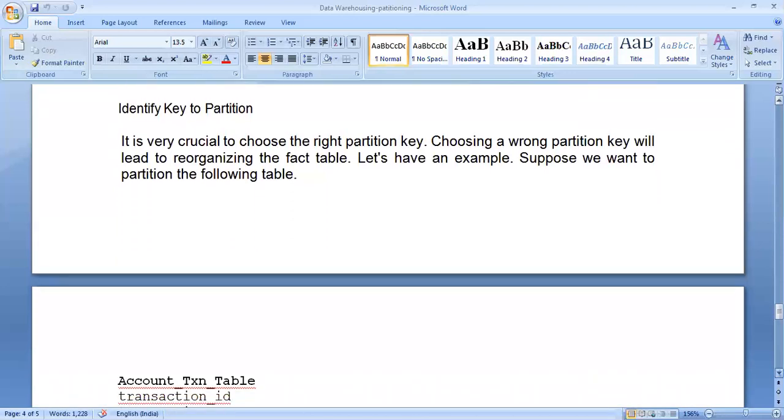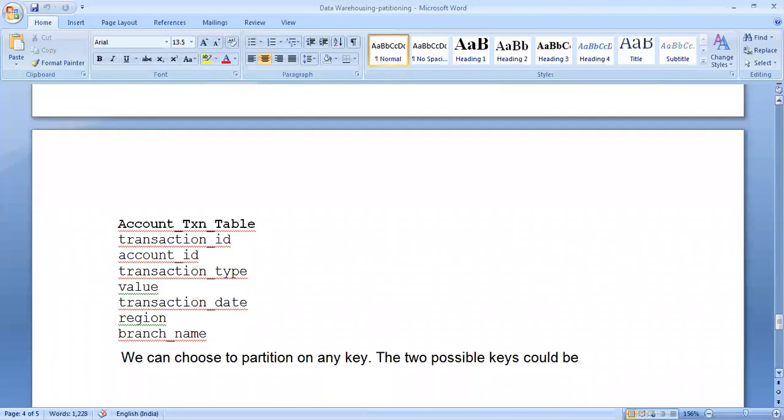For example, in the given account transaction table, there are 7 attributes: transaction ID, account ID, transaction time, value, transaction date, region, and branch name.